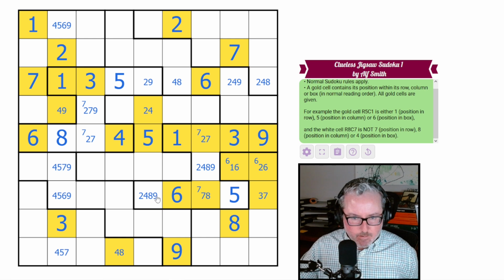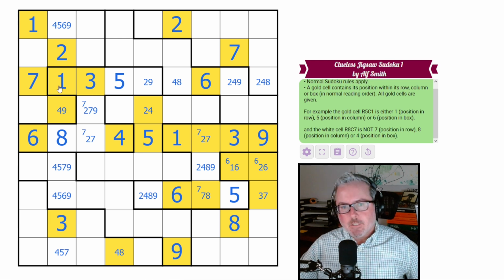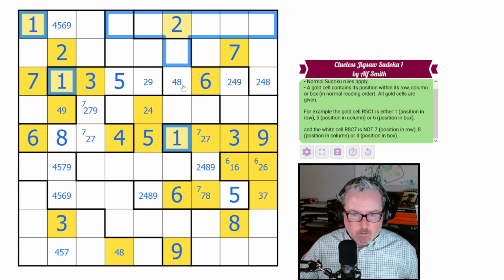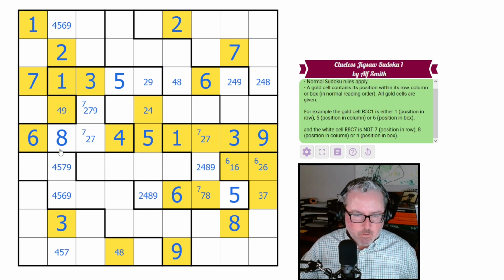Where else do we have pretty full in terms of regions? We can also start looking at just base Sudoku, looking into a region, and see if that comes up with anything useful. I'm not seeing anything on the 1s. 2s, one of these is a 2.